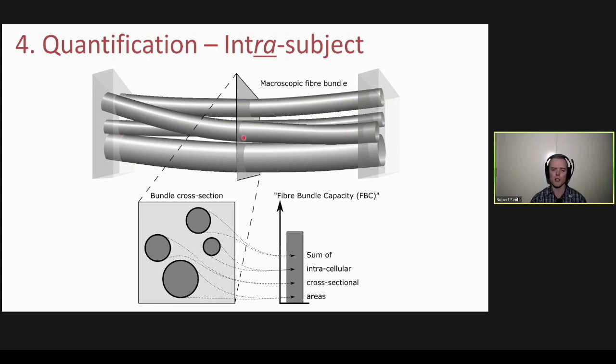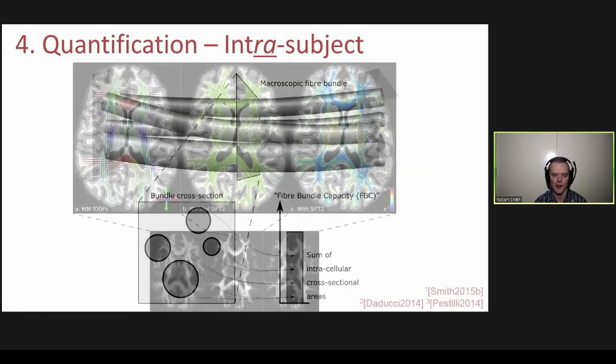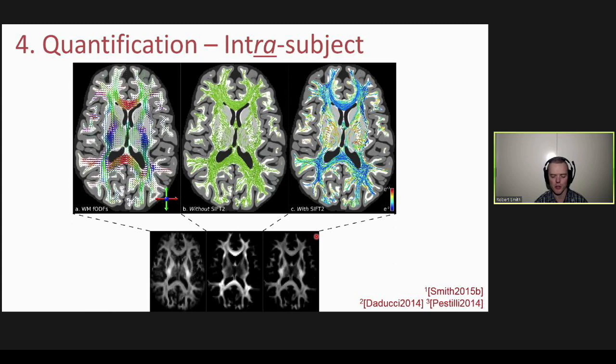If you take a cross-section through that bundle and then look at the intracellular cross-sectional area here, this is something that, at least within limitations, we can try to quantify, specifically because there are a lot of diffusion models that give us estimates of fiber intracellular volumes. So this is the quantity that we've been trying to get at.